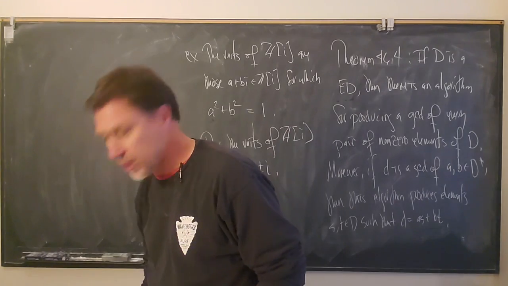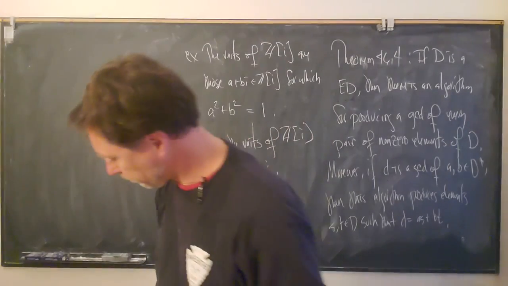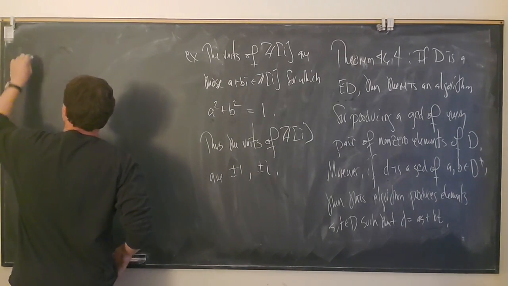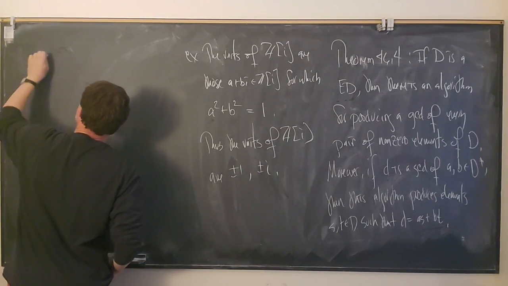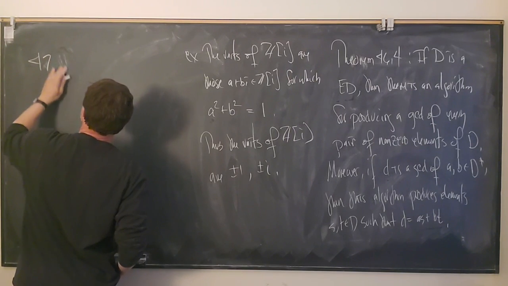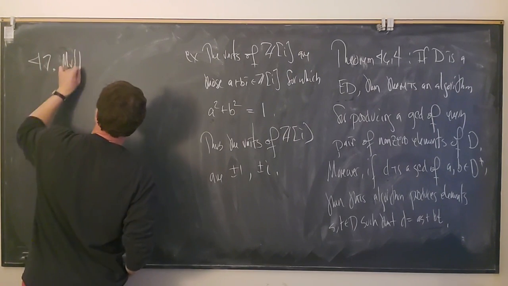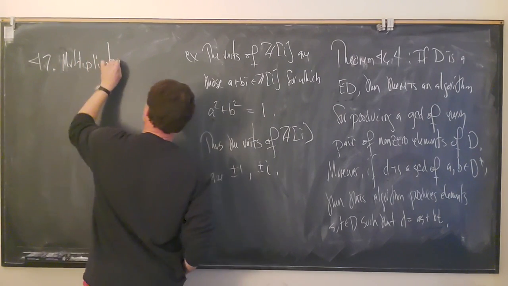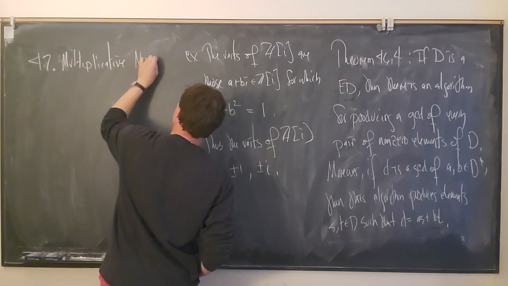Okay, so that's it for this chapter. And so I want to start the next one. This is chapter 47, and this is called multiplicative norms.